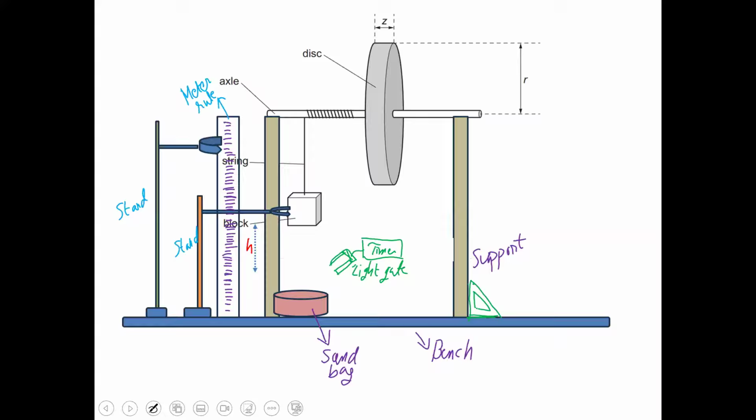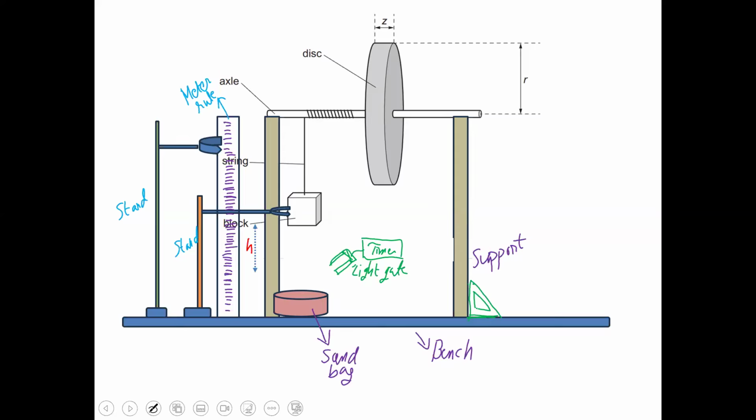Third precaution for safety: wear eye goggles as the string can snap. Now, I have given three as safety.